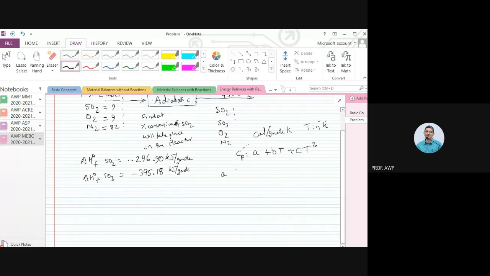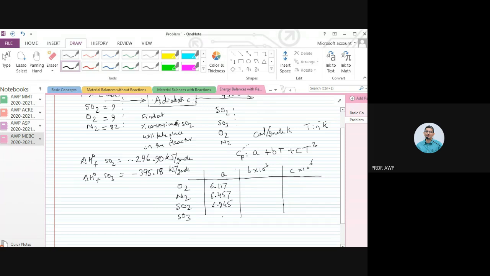So A for different gases, B into 10 raised to 3, C into 10 raised to 6. I will give it to you for different gases, O2, N2, SO2, SO3. A values: 6.117, 6.457, 6.945, 7.454.